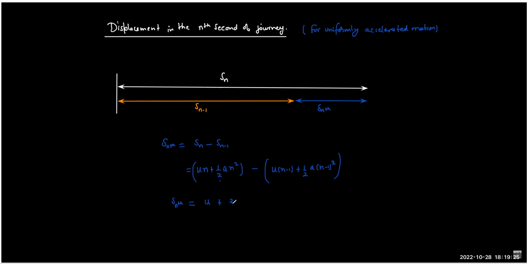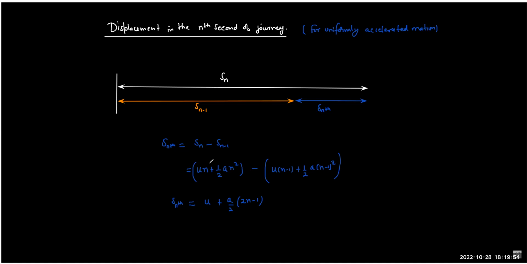So you can take a by 2 common. The better way of writing is you get a by 2 into 2n minus 1, right? This is what you get. You can take a by 2 common, you get n square minus n minus 1 whole square. So we know the formula of a square minus b square, which is a plus b into a minus b. Correct?